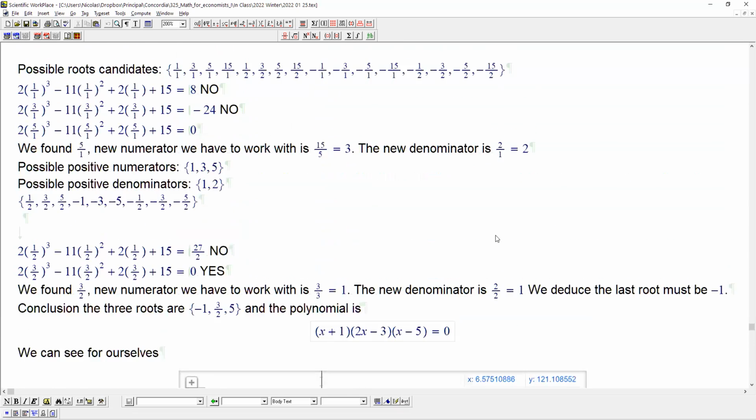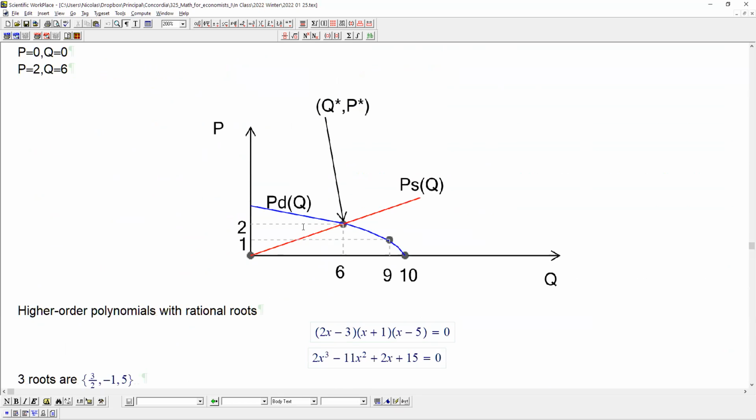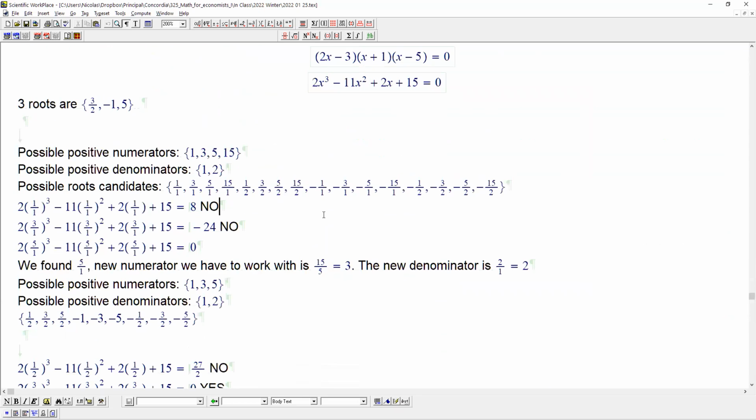So here, when we found our first root, we found 5/1. So what we did is we said, okay, let's at least get rid of some. We know that 15 cannot, we don't have to deal with 15 because 5 is already found.